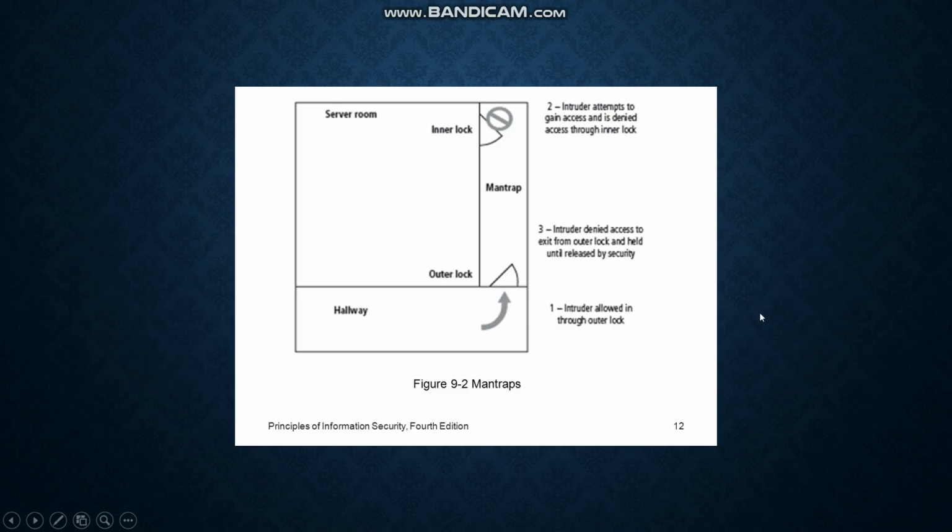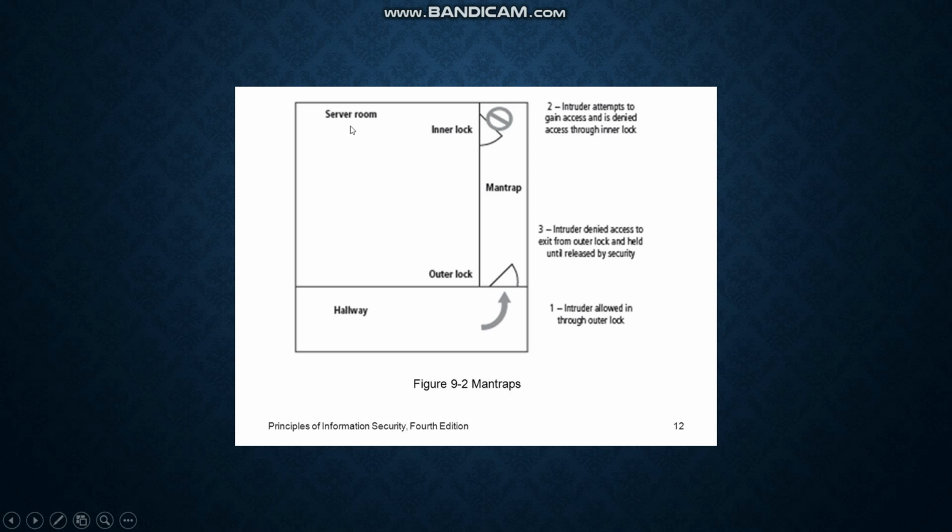Here's an example of a man-trap, not just like the one that I described, but it's kind of similar, where you have the hallway, and then you have the outer lock, and you have the man-trap, and then you have the inner room.